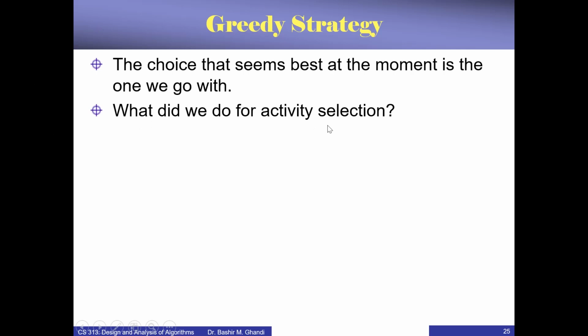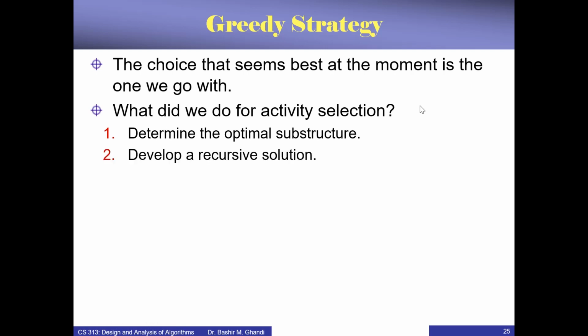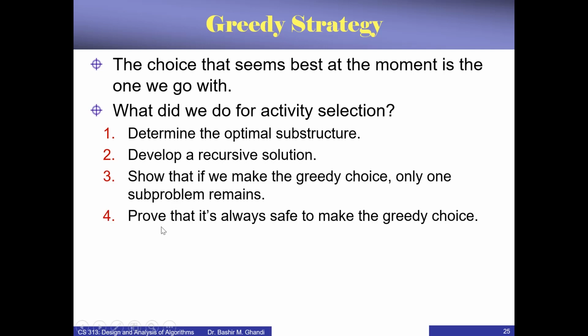So what did we do for this problem in summary? First, we determine the optimal substructure. We then develop a recursive solution. Show that if we make a greedy choice, then only one subproblem remains. Okay, if we make a greedy choice, only one subproblem remains.